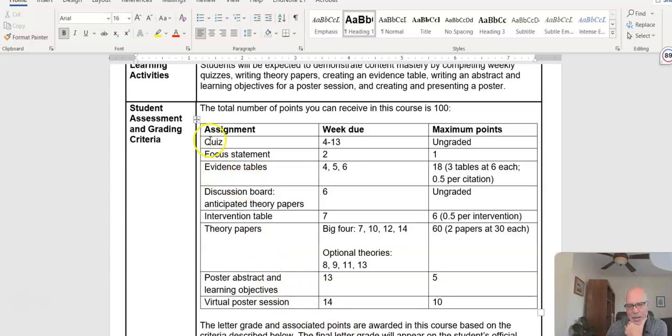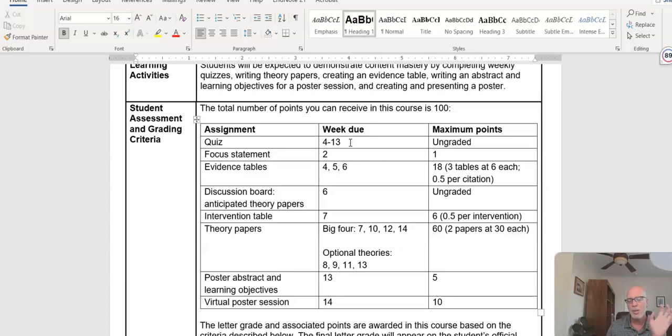At the beginning of this course, in weeks 4 through 13, each week students read a chapter about a particular theory, and they do an ungraded quiz that's multiple choice, true, false. Those questions are used to assess reading comprehension and just to make sure they understand what they've read before they come to class and we're discussing it and applying it in small group work.